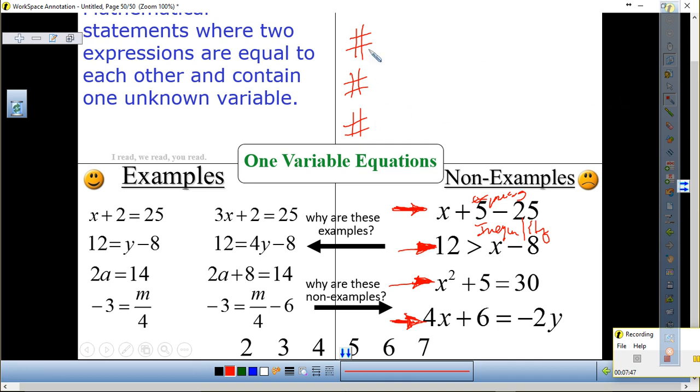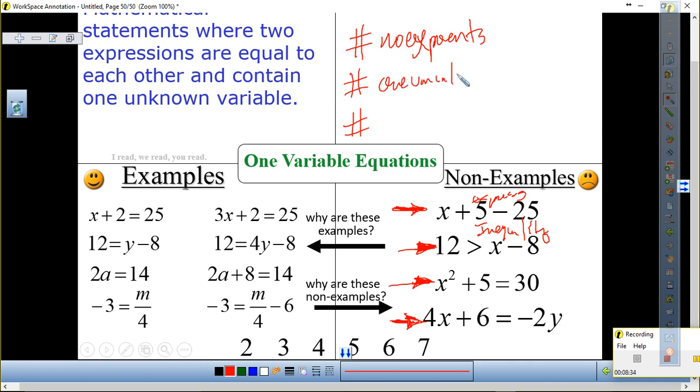Okay, Katya. Hashtag no exponents. Okay. Hashtag Raymond. One variable.